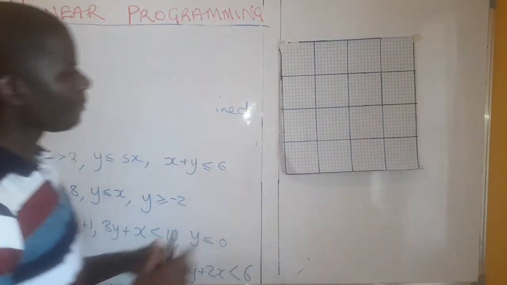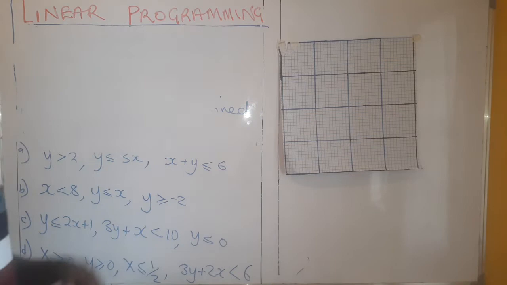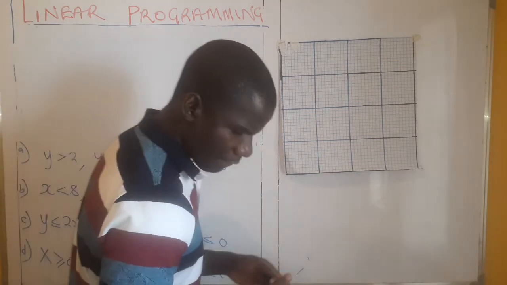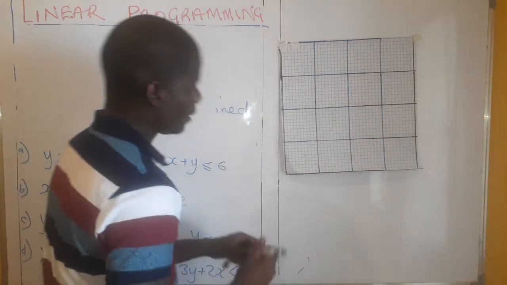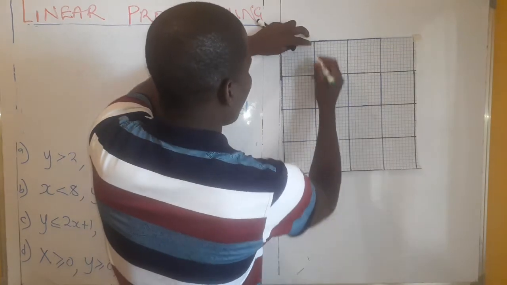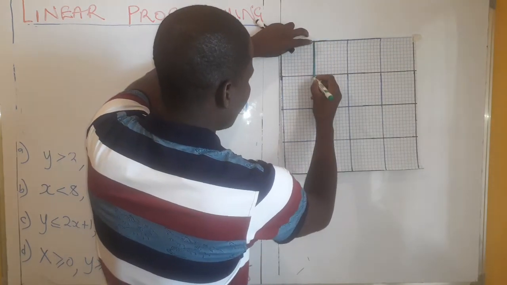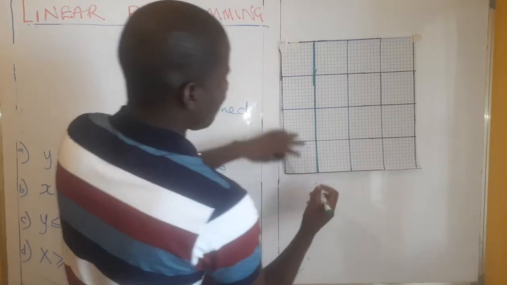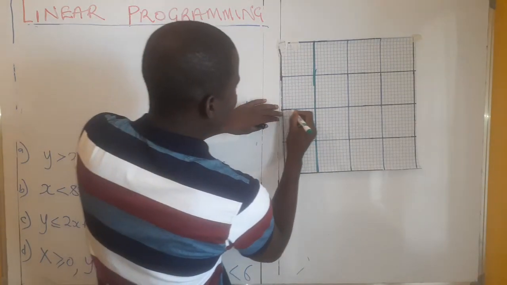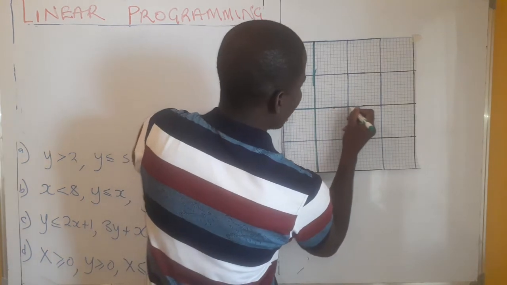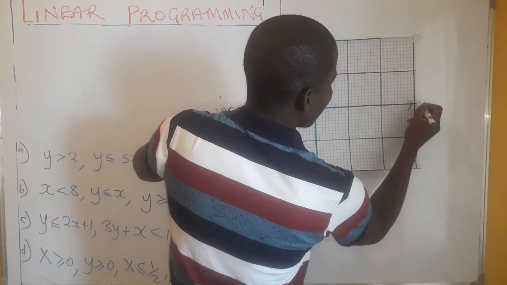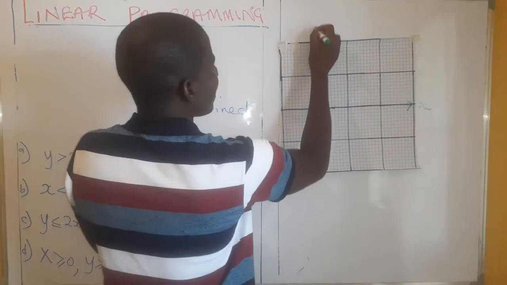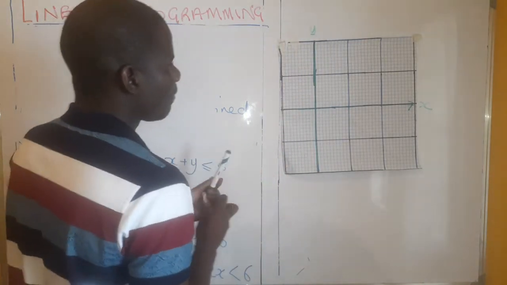Now, in terms of equations, I just want to show something here. If this is our X or Y plane, then this is our X, then this is our Y. So where do we have our 0?